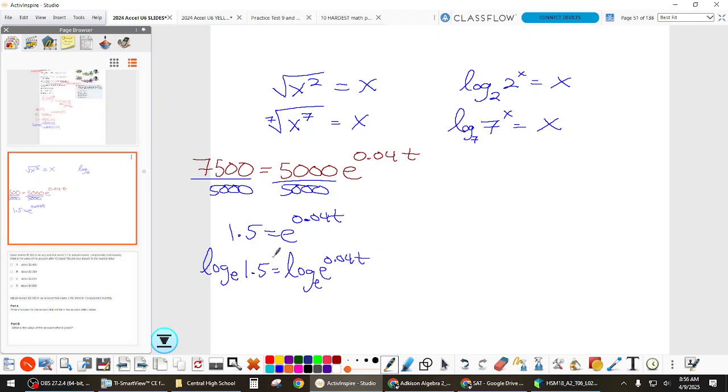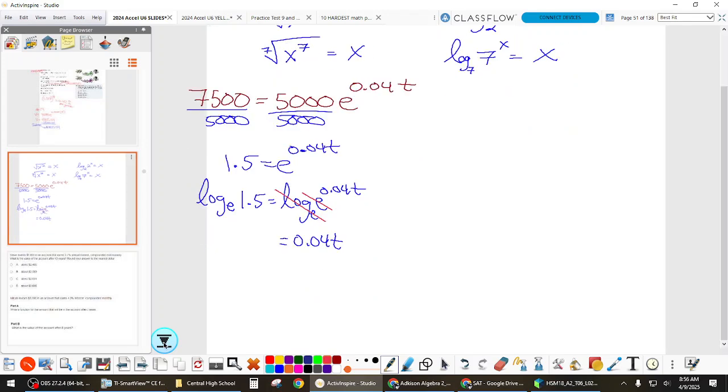And then that cancels that e to the power of, and we're just left with 0.04 t on the right side, because they undo each other, they're inverse operations. And then log base e is actually written as ln.